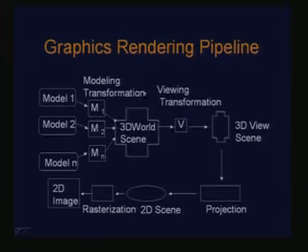So, what do we have? We have just elaborated the conversion from the 3D scene to the 2D image. I have a 3D scene which is constructed using various models, model 1 to model n, and I apply some transformations through which I take, let us say, model 1 to this 3D world scene.